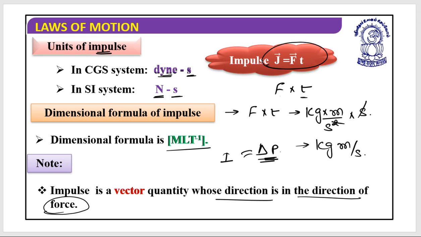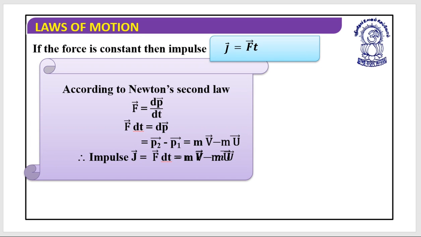Is it clear? Yes. Now let's suppose the force is constant, then I know that J is equal to F into t. As well as according to Newton's law, we know that F is equal to dP by dt. So F into dt would be equal to dP, which is change in momentum, and change in momentum can be written as final momentum minus initial momentum.